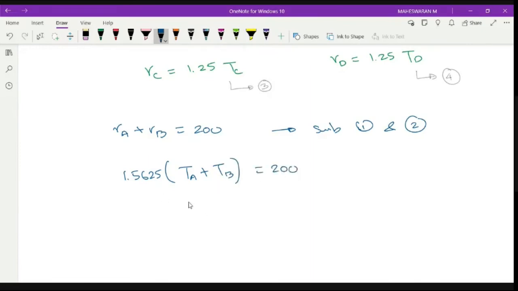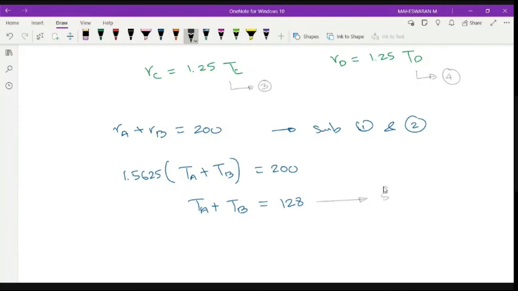So what is TA plus TB? Dividing this with 1.5625, you're getting 128. Are you getting 128? Yes, sir.